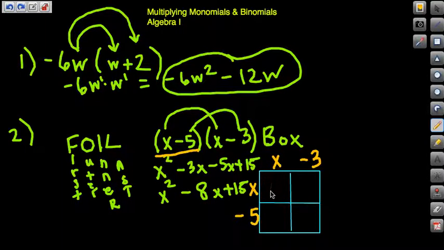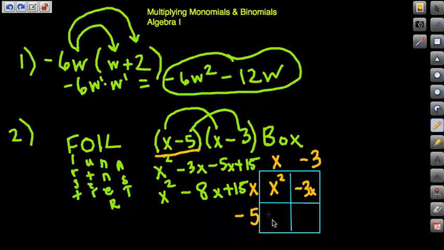Alright, so we just multiply the columns together. So we have the first row and the first column, those are our x's, so that's x squared. And then we're going to multiply the first row by the second column. x times negative 3 is negative 3x.